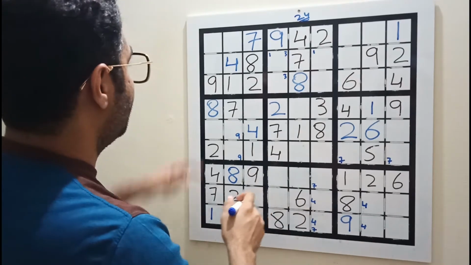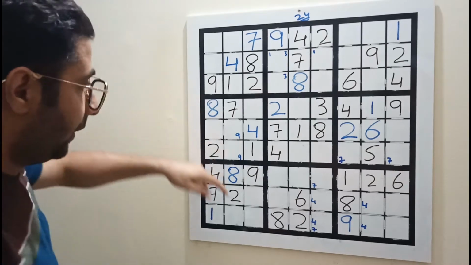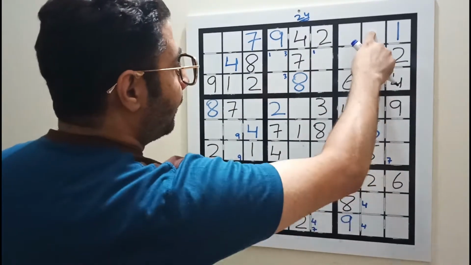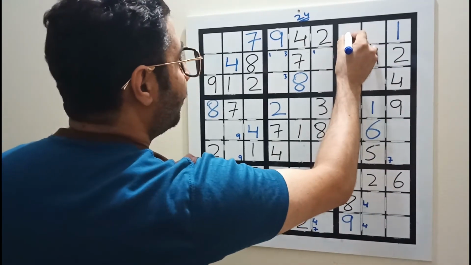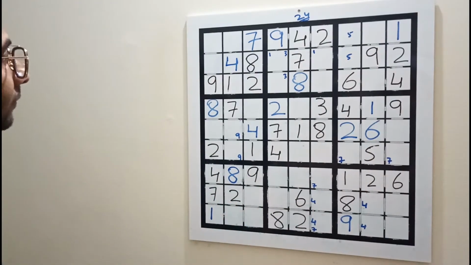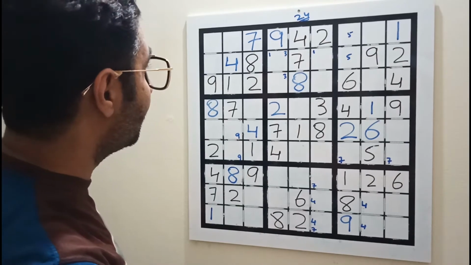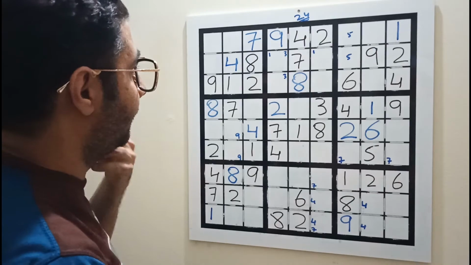Four, we got fours. Five, do we have five here? We have five here. In these two blocks, five cannot go because of this. Five can go either here or here. Six.